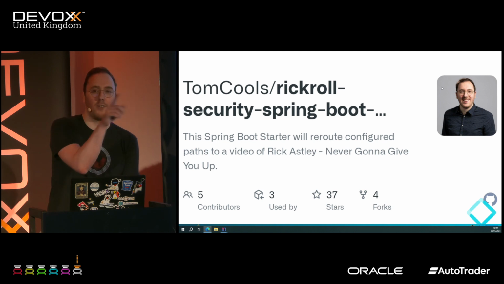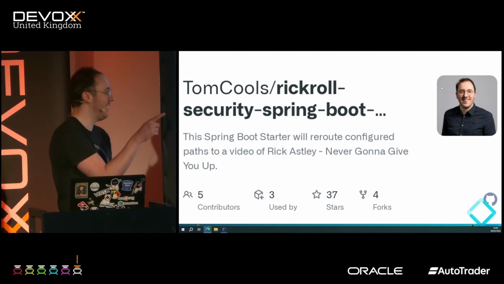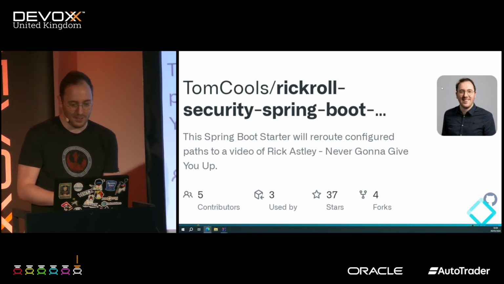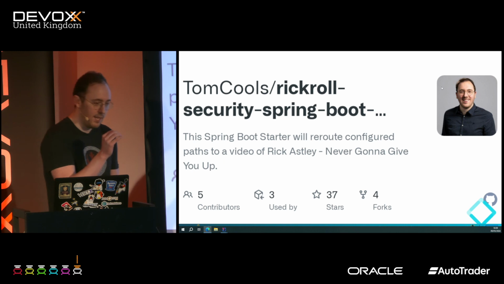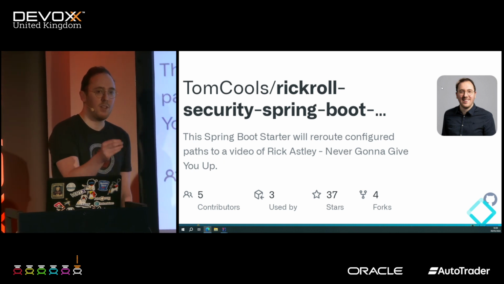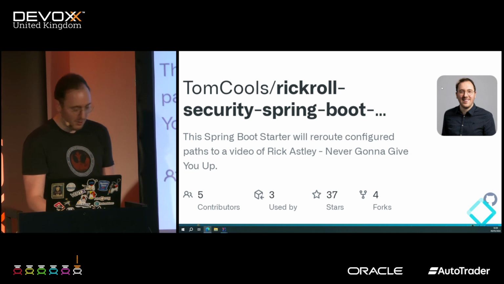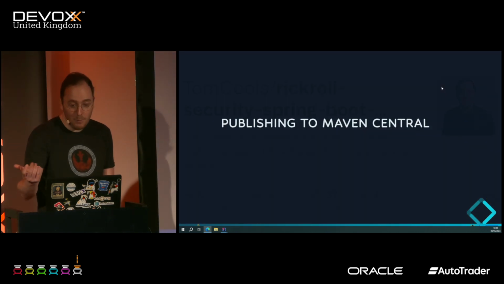So between every call that comes in, it checks should this be rickrolled, yes or no, and that's what it does. But it's a jar file, so I want to publish it to Maven Central so people can start using it. But to publish something to Maven Central, you can't just do that, because else it would be quite messy. So a short guide, how do you publish to Maven Central?